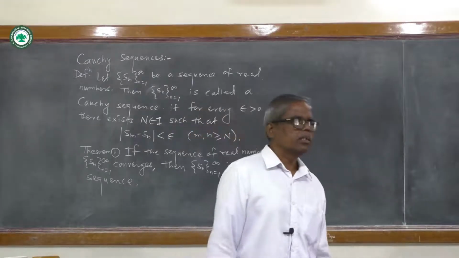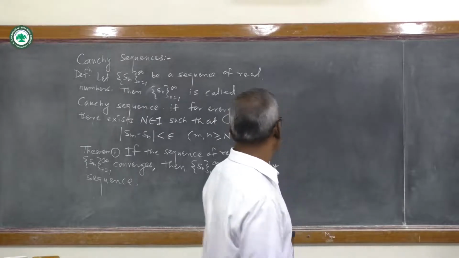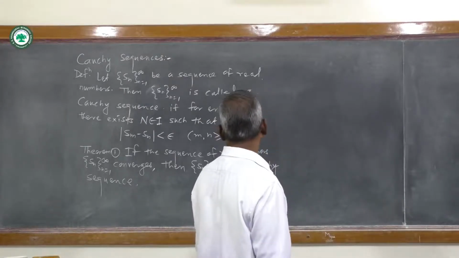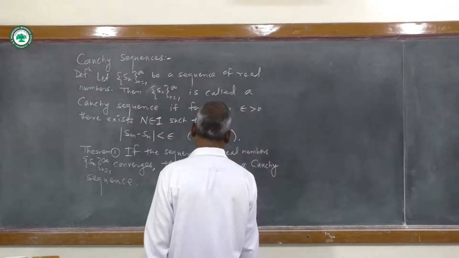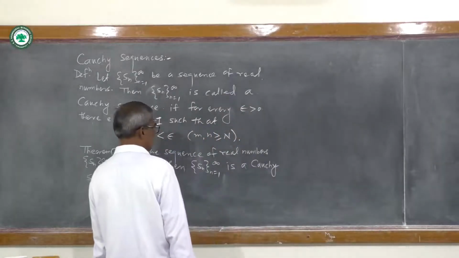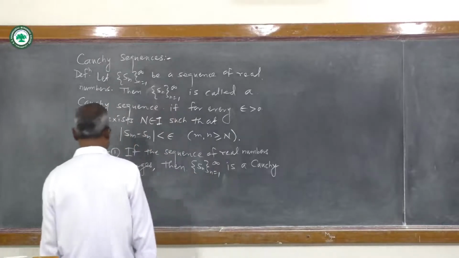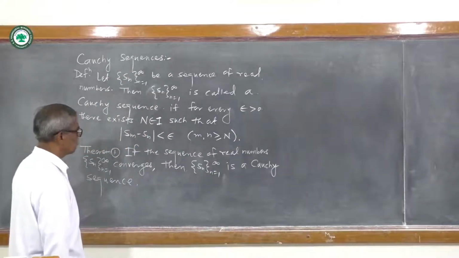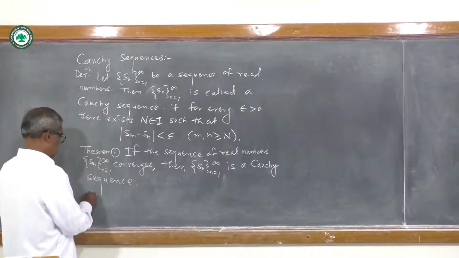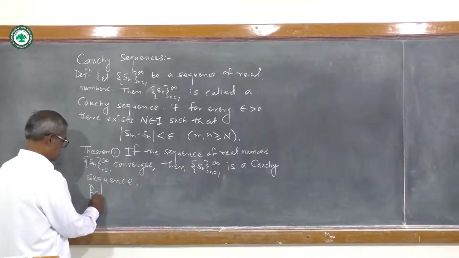Then S_n, n equal to 1 to infinity is a Cauchy sequence. Then we have to prove that S_n, n equal to 1 to infinity is a Cauchy sequence of real numbers. Proof of this theorem 1.